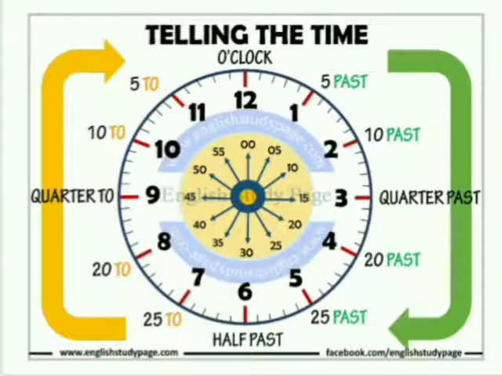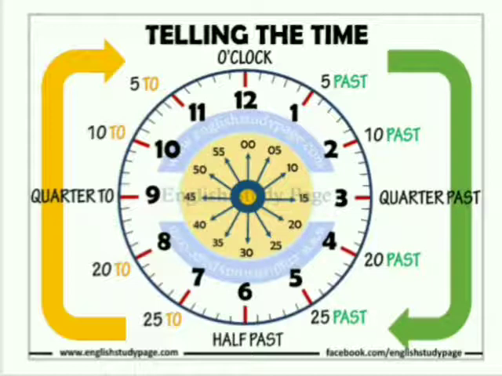When you split something into two equal parts, each part is called a half. Same way, children, when you split something in four equal parts, each part is called a quarter. So, when the minute hand moves from number 12 to 3, it is 1 quarter.